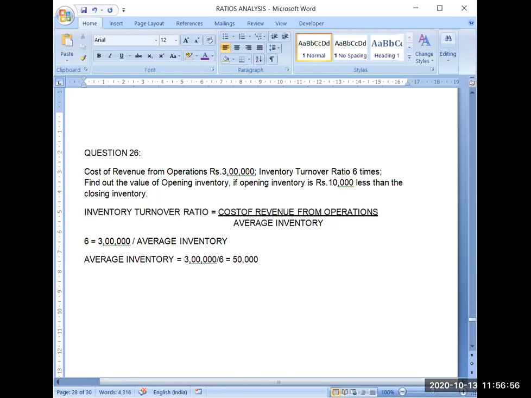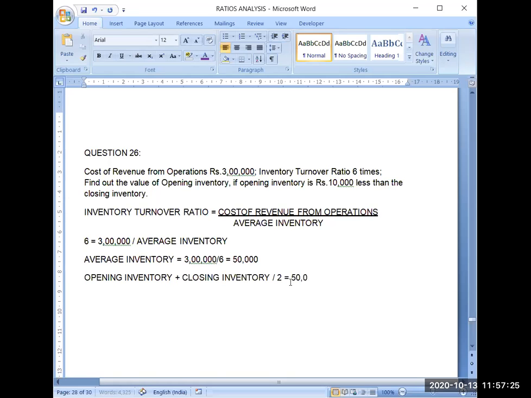Again we can write the formula of average inventory here. So this time I will be writing something directly. Opening inventory plus closing inventory divided by 2 is equal to 50,000.